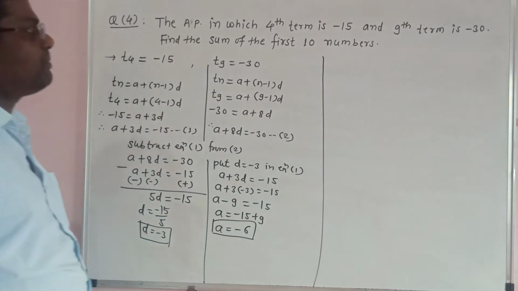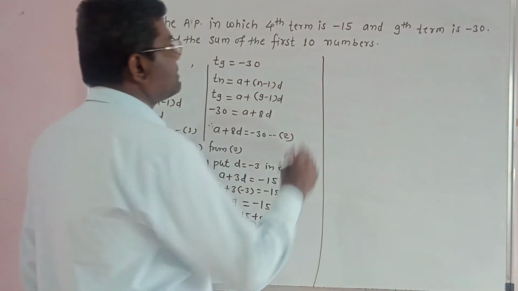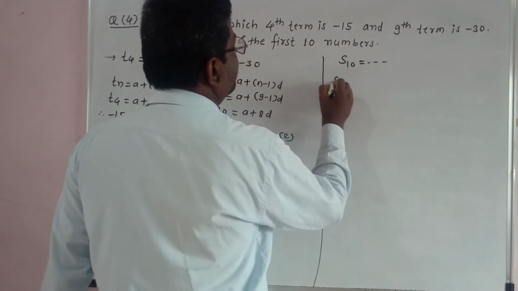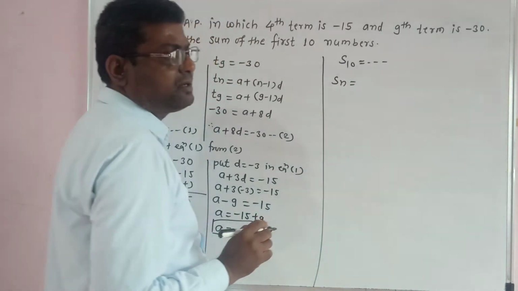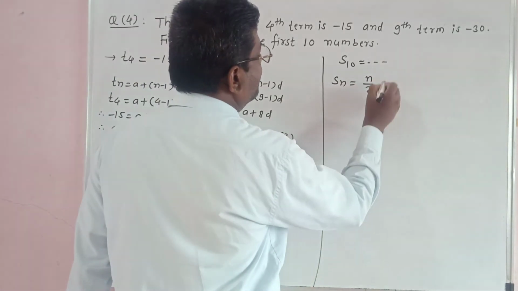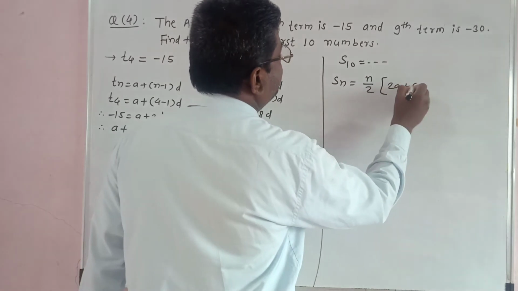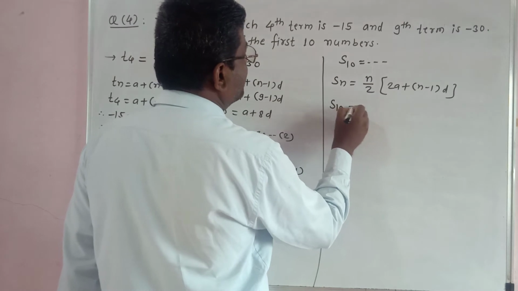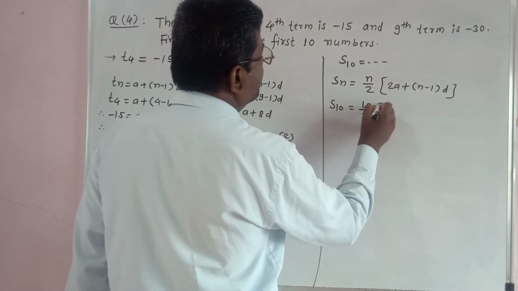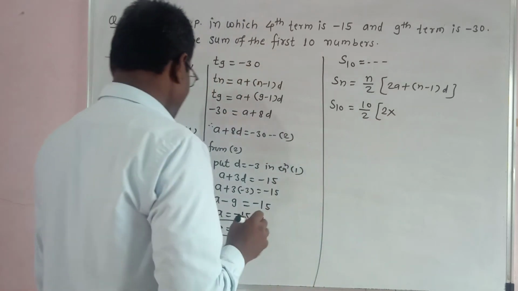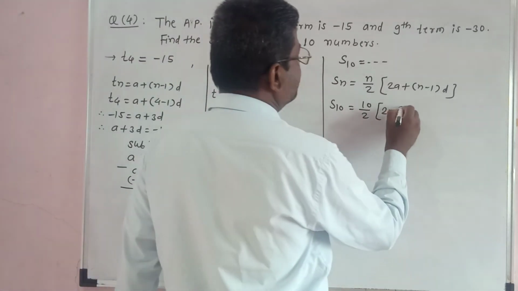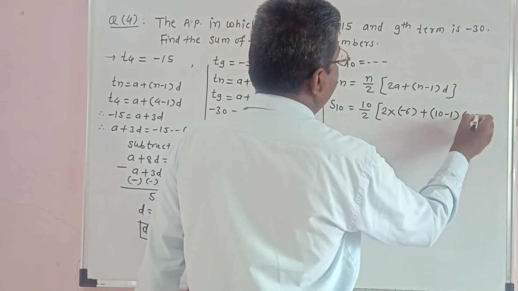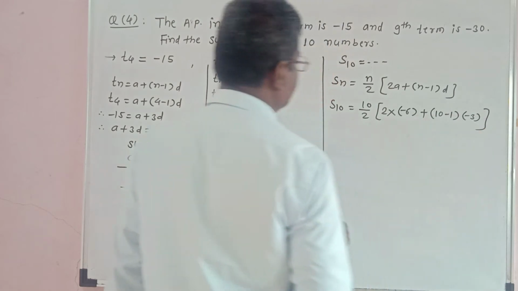Now find the sum of the first 10 numbers. So we have to find S10. So we write here the formula for Sn. Sn is equal to n upon 2 in bracket 2a plus n minus 1 into d. Therefore S10 is equal to 10 upon 2 in bracket 2 into the value of a is minus 6 plus 10 minus 1 into the value of d is minus 3.